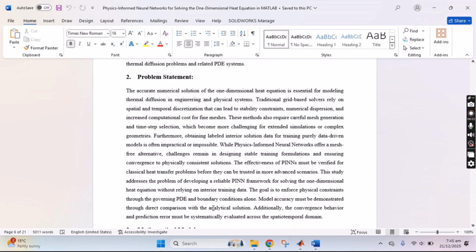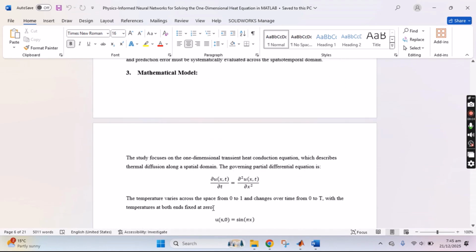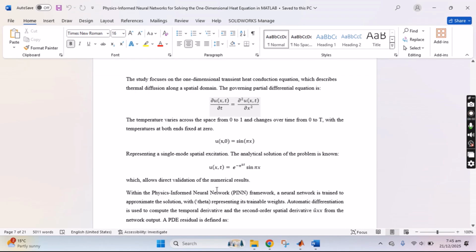The problem statement is written here, along with the mathematical modeling. These are the equations used for the partial differential equation, and the sine wave function, ranging from 0 to 1, and t from 0 to 1, representing single-mode spatial excitation. These are the equations using the exponential multiplied by sine pi x.